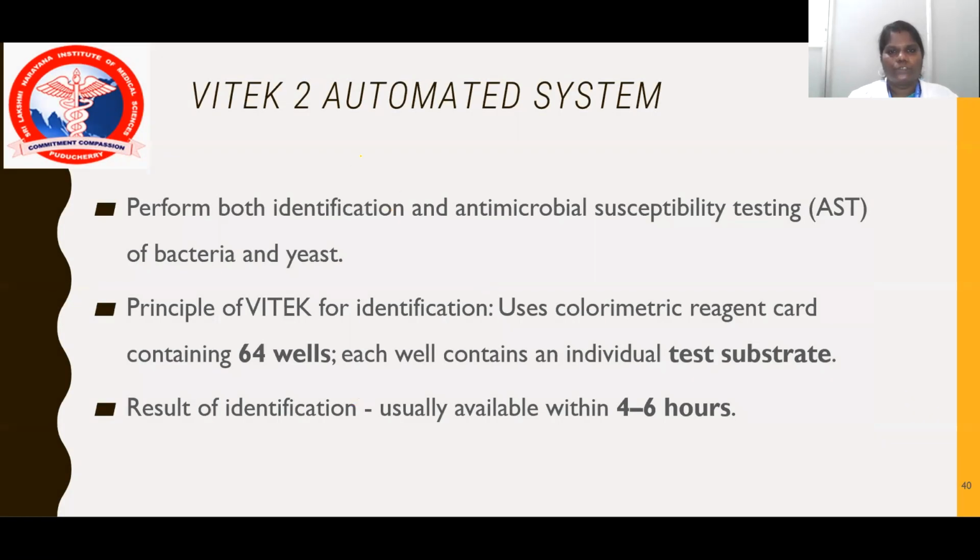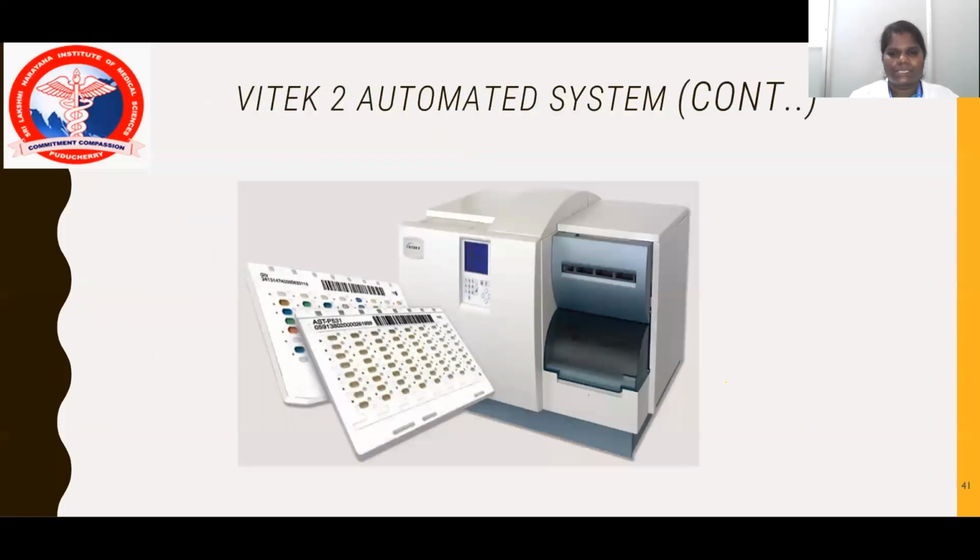Coming to the Vitek 2 automated system, this is one of the most important for antimicrobial susceptibility testing, and it is also used for the identification of yeast. It has 64 wells. Each well contains an individual substrate coated in it. These wells are coated with separate substrates.